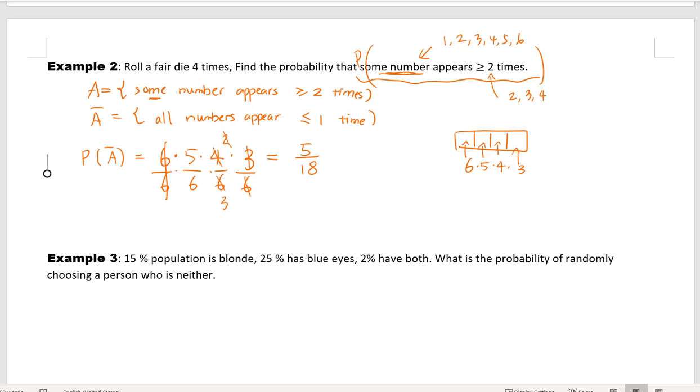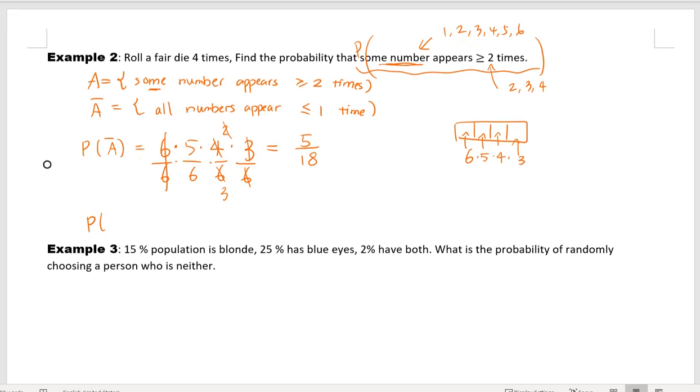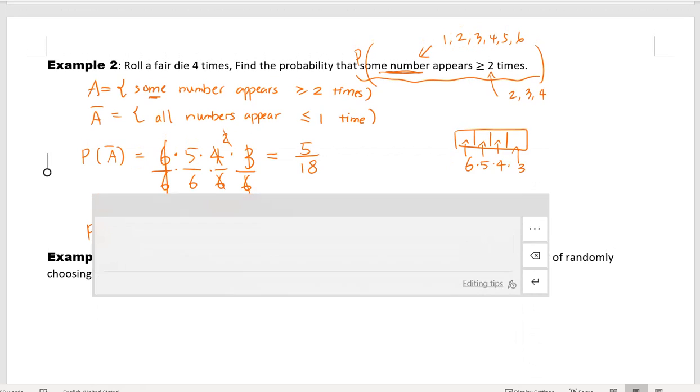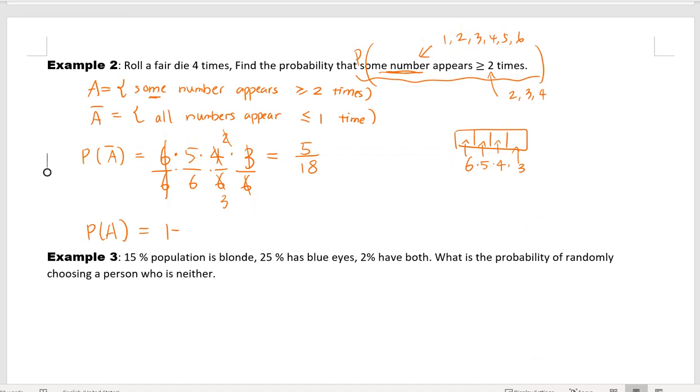Okay? And now, what is P of A? P of A equals 1 minus P of A complement, which is 1 minus 5 over 18, so 13 over 18.